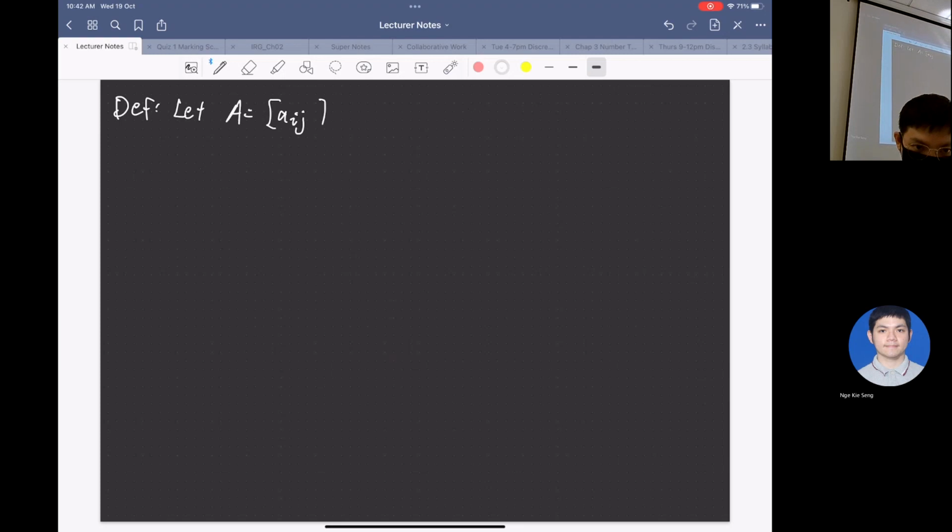If you want to define the Boolean product, you also need to have the size measure. So one is an m times k 0-1 matrix, and the other is k times n.